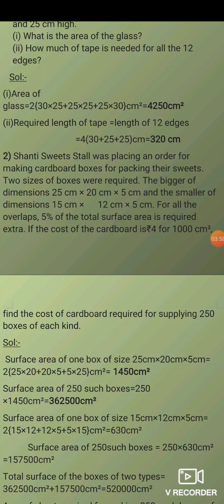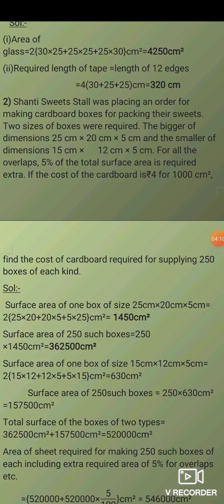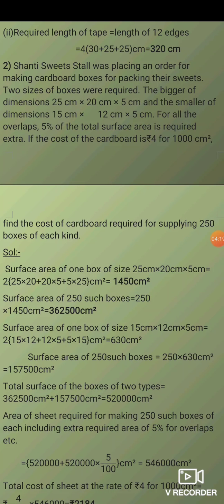When we substitute all the values, at last what we get? 1450 centimeter square. Now the bigger of 250 boxes are there. So the surface area of 250 such bigger boxes is equal to 1450 into 250, which is equal to 3,62,500.